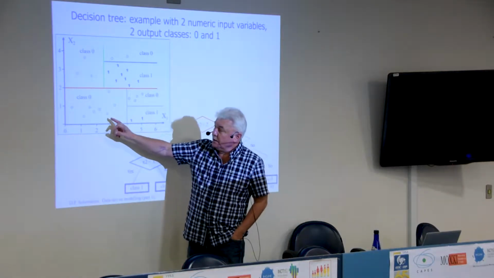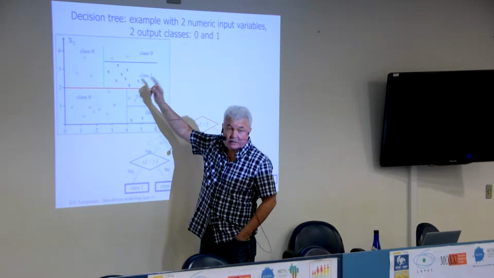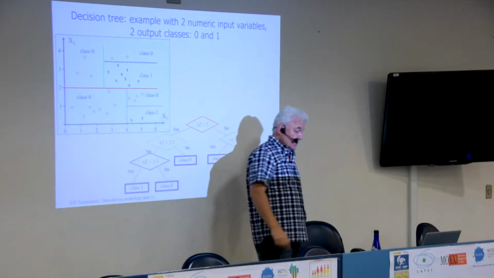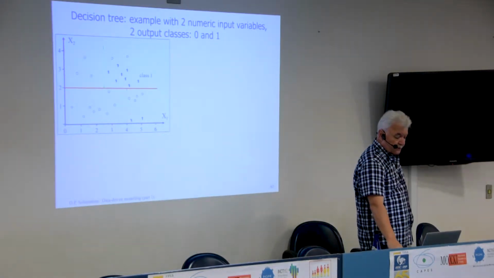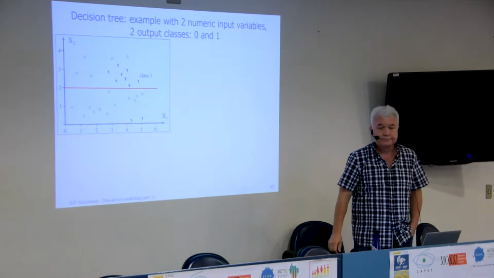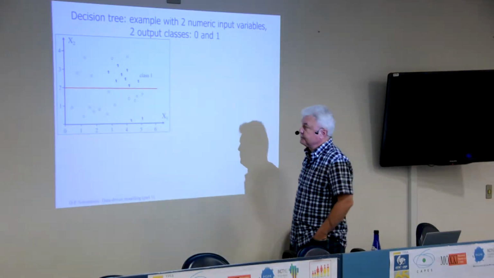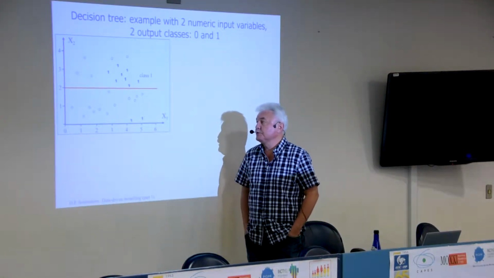But how do we draw these lines? What was the reason to draw the first red line here? Think about this. Why did I draw this line here?